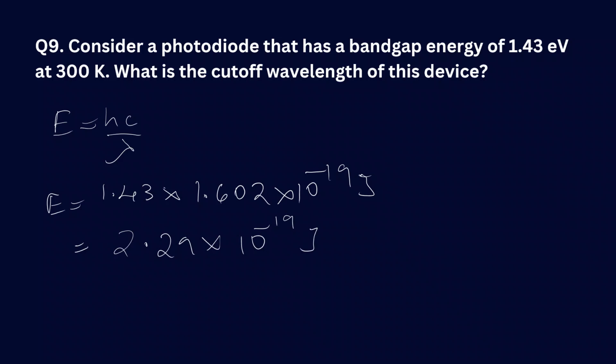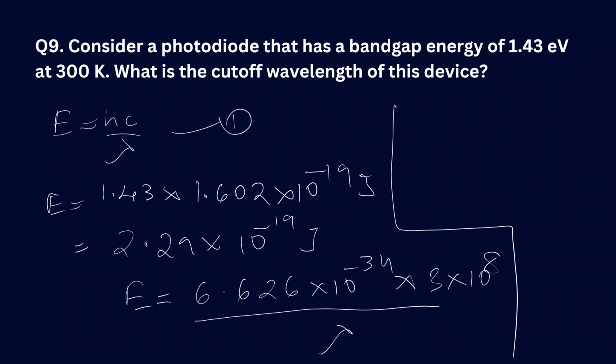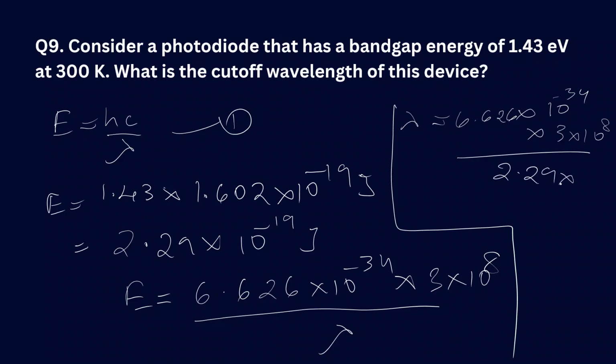Okay, so we can put it in equation 1: 6.626 times 10 to the power minus 34 times 3 times 10 to the power 8, and lambda we have to find out. When we do it, we have lambda equal to 868 nanometers.